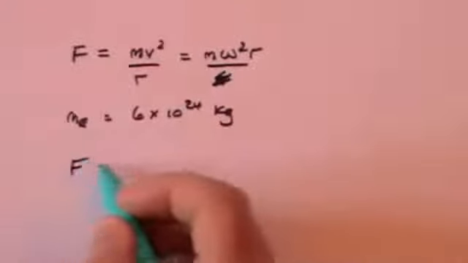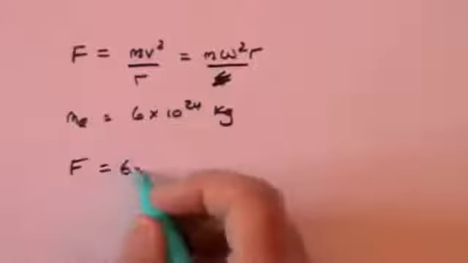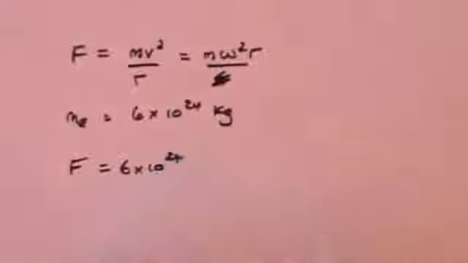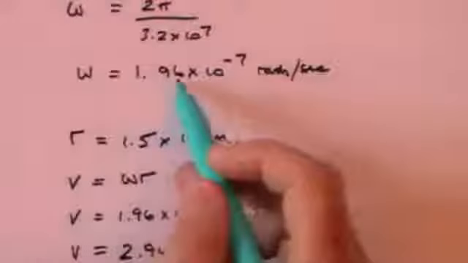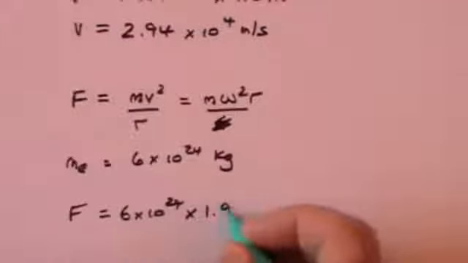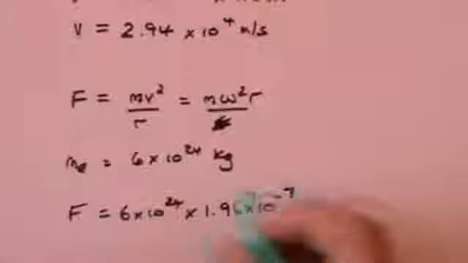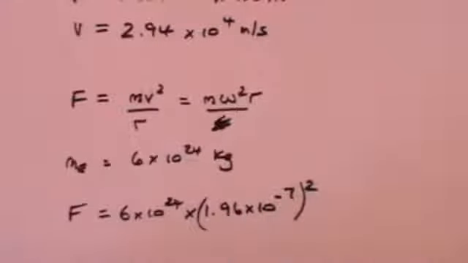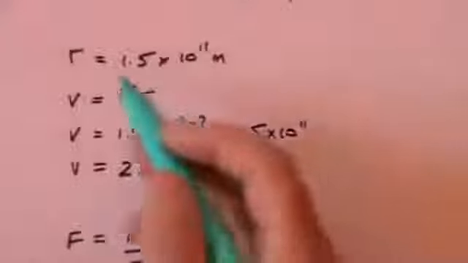We've got the force is equal to m, which is 6 times 10 to the 24, times omega, which we calculated back up here, 1.96 times 10 to the minus 7, squared, because it's m omega squared, times r, the radius, which we were given as 1.5 times 10 to the 11th meters.